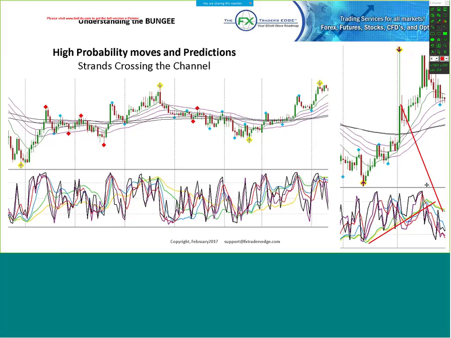Now, when I say high probability, what I mean is it's worth relying on it, and sometimes it will let you down. And then it's up to you whether you trade the high probability rule or the very low probability exception.